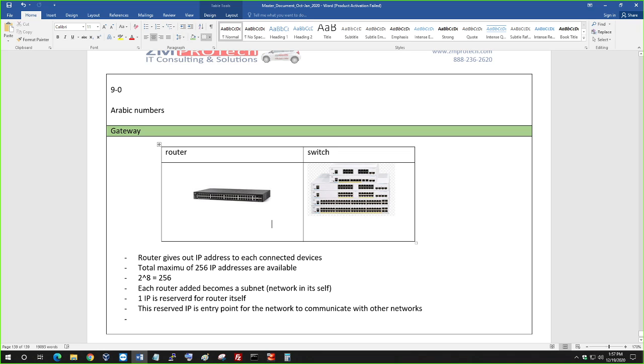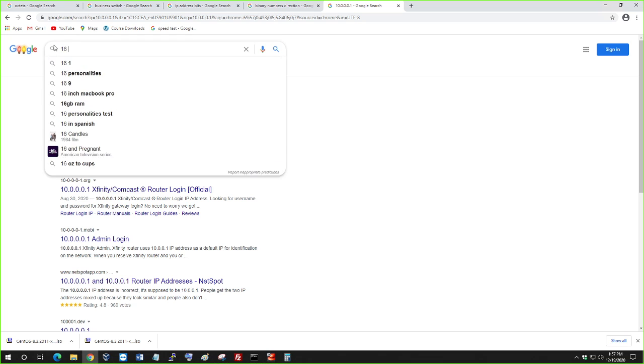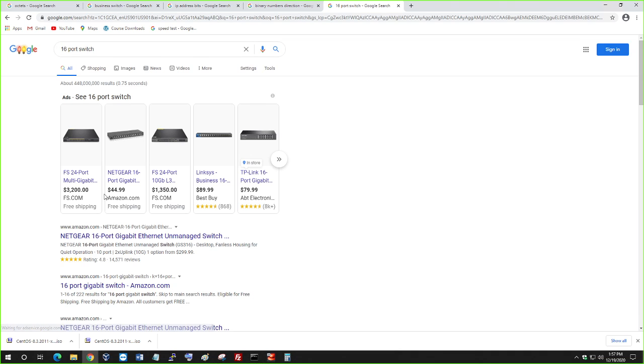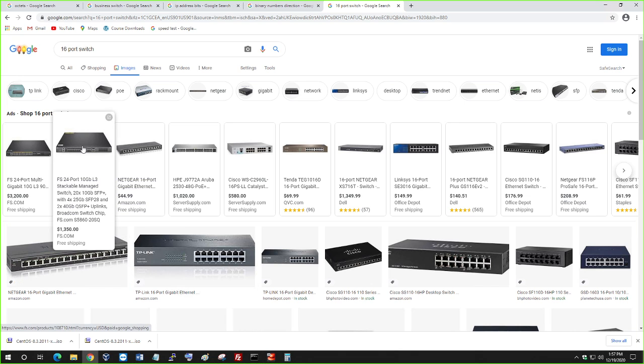Oh, okay. But if you have 10 physical servers and your router has only 4 ports, and most of the time routers have only 4 ports, then you have to buy another switch. I have a 16 port home switch, and I have one of these switches here right now. One cable connects to the router, and all of a sudden the switch becomes active.